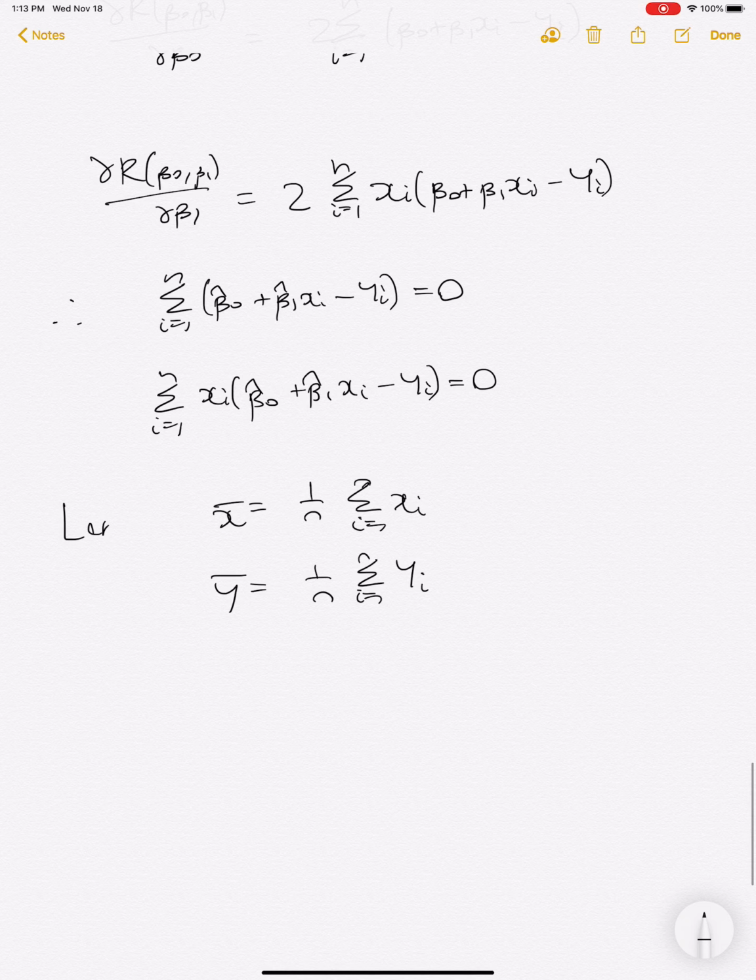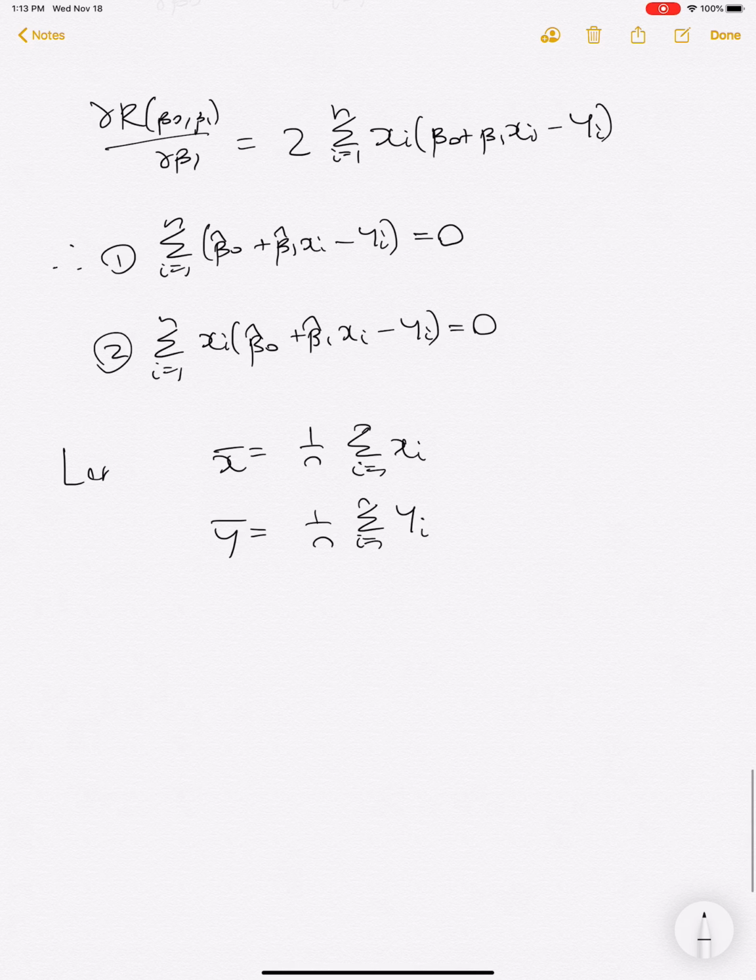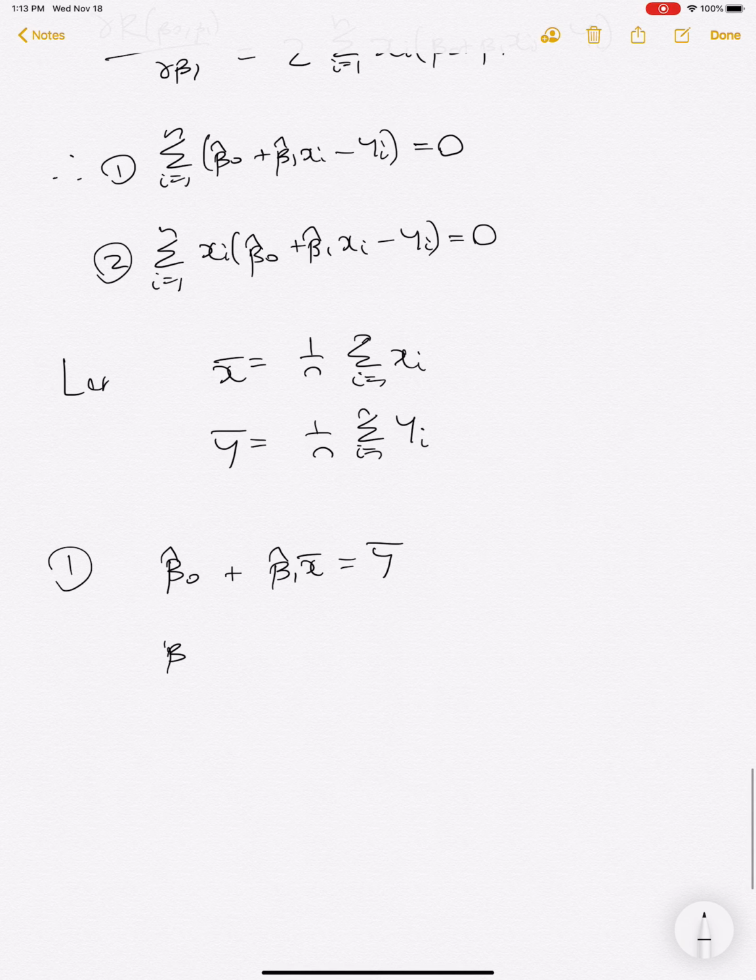Okay, and so now let's try to solve for this. If we call this equation 1 and equation 2, then 1 is going to become beta hat 0 plus beta hat 1 x bar equals y bar. So we have that beta hat 0 equals y bar minus beta hat 1 x bar.